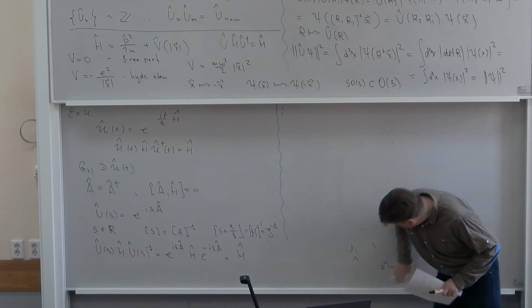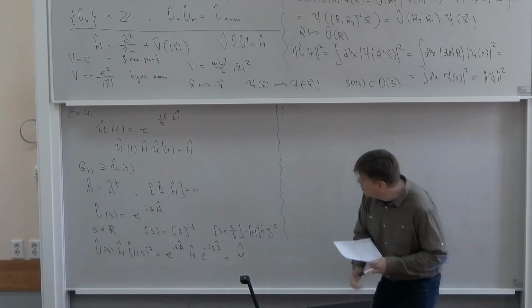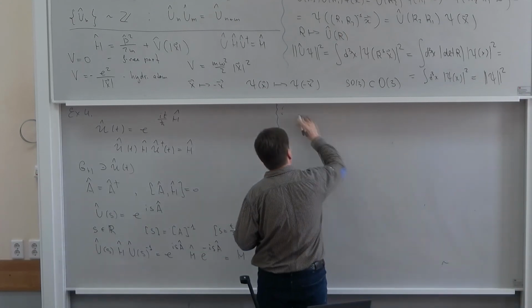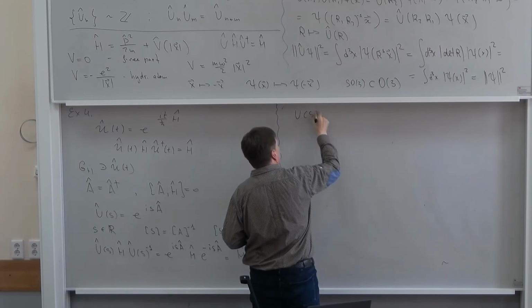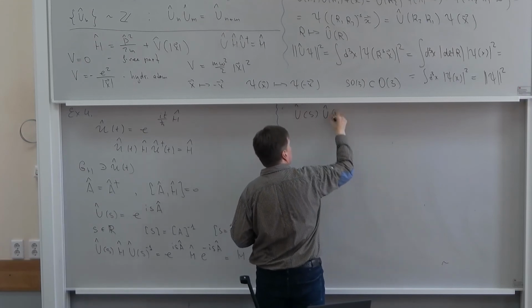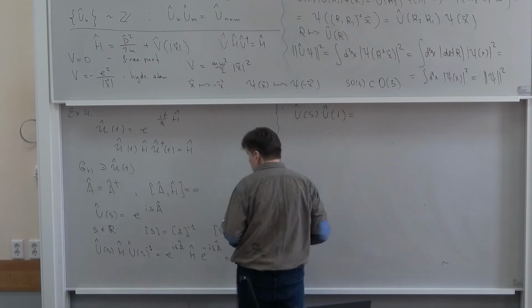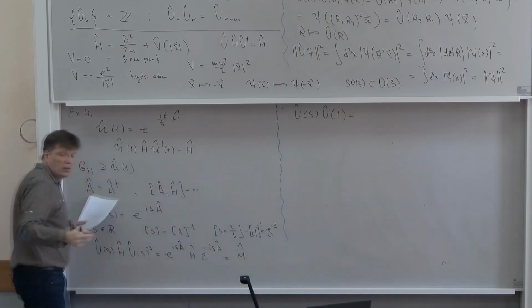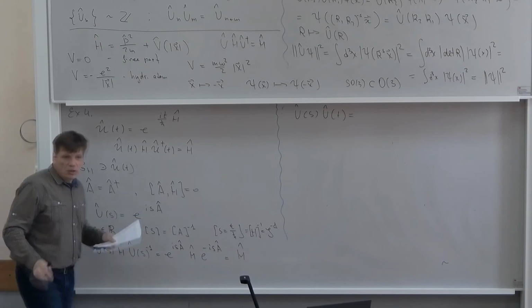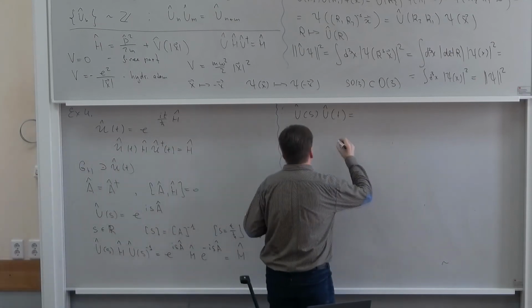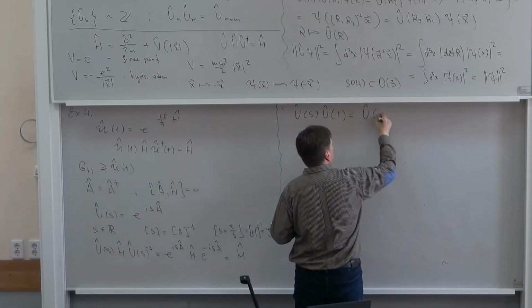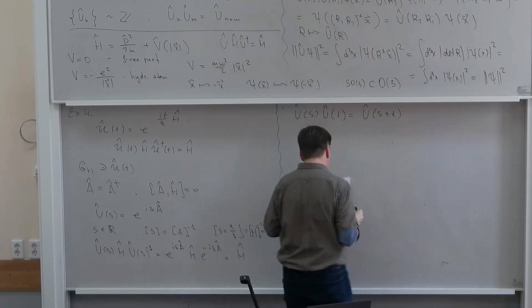Well, this means that if we consider the composition of U of s and U of t, then using the property of the exponential function, this is given by U of s plus t.